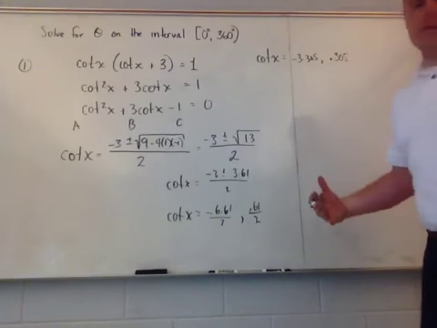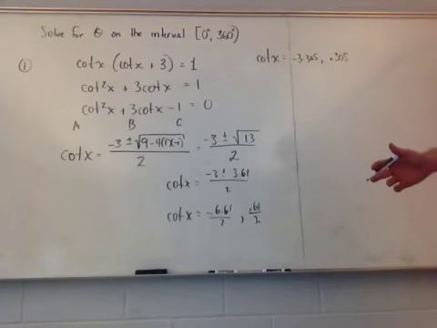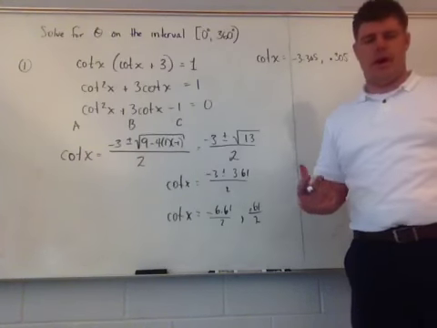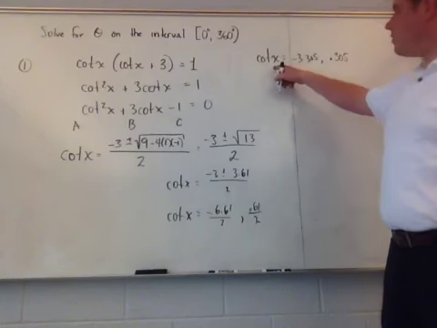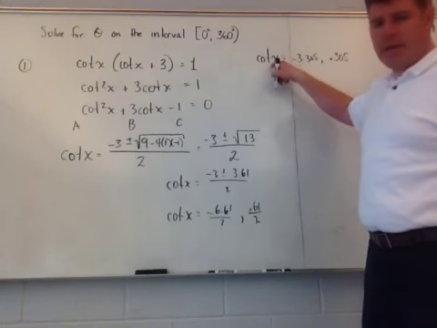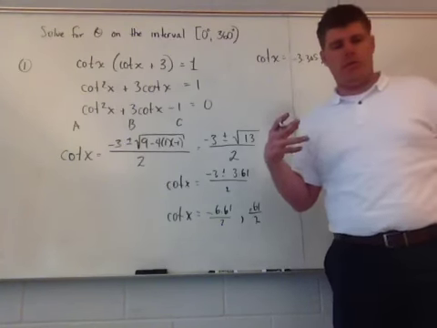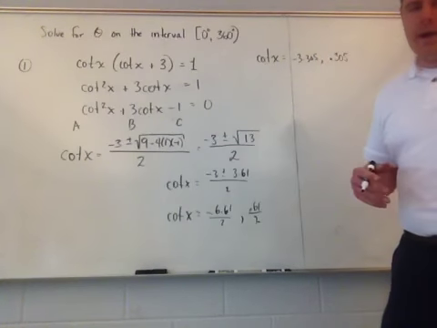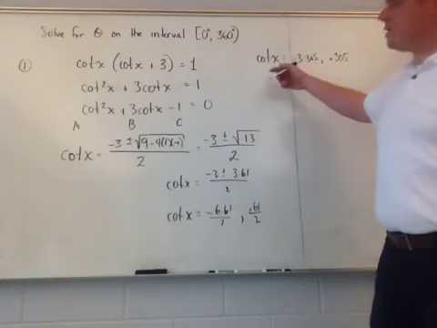So what I need to do from here is I actually need to take the inverse. And remember, on your calculator there is no arc cotangent button. So what I need to think about is, for the arc cotangent, what kind of inverse function or reciprocal function allows me to take an arc function? In that case, it's tangent.